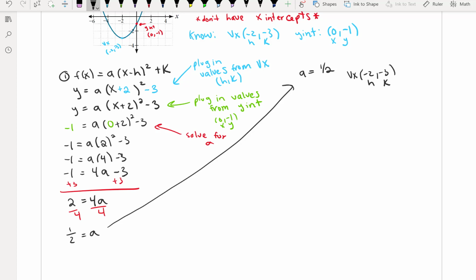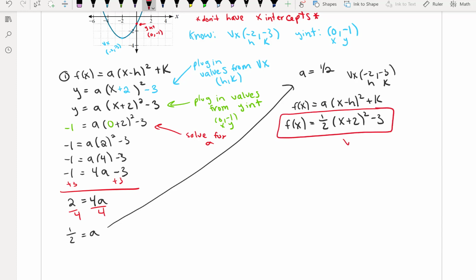So I know that f of x is equal to a(x minus h) squared plus k, and I have all my pieces of information. So f of x is equal to 1/2 (x plus 2) squared minus 3. So there is my equation in vertex form.